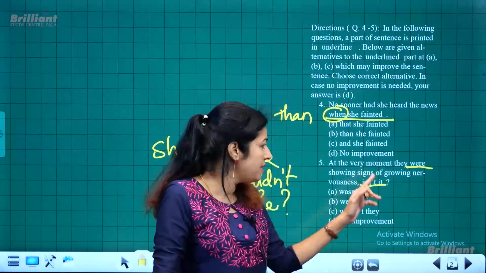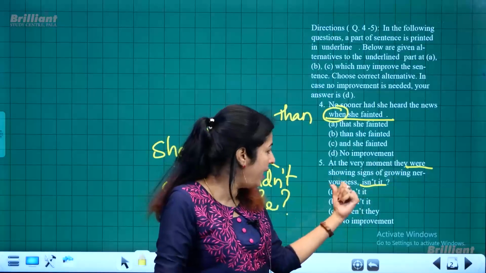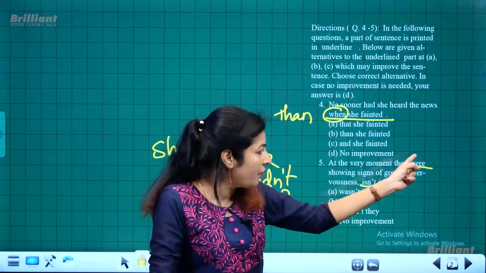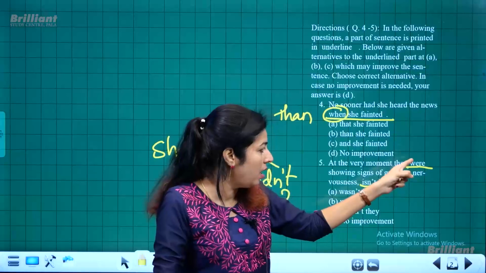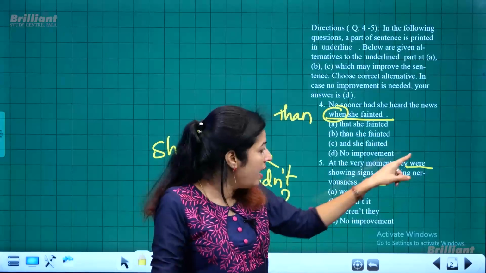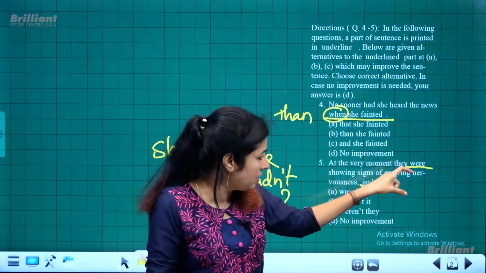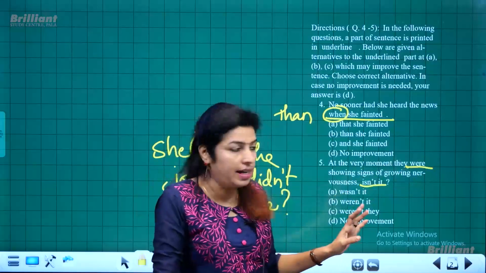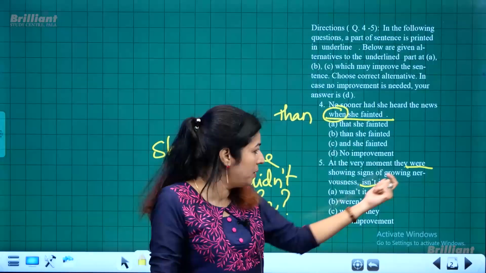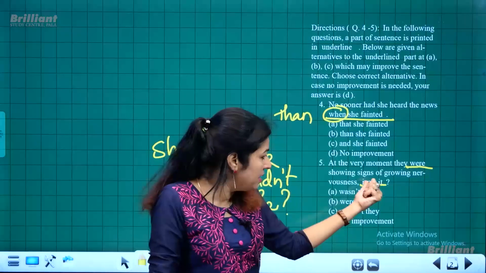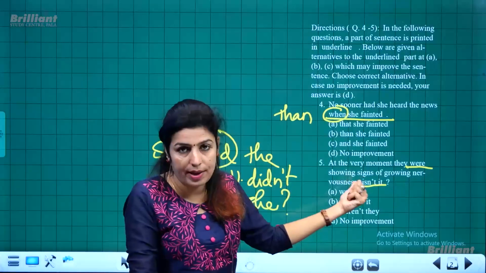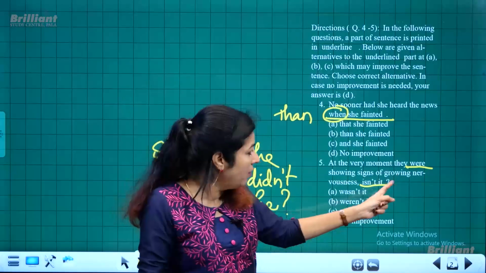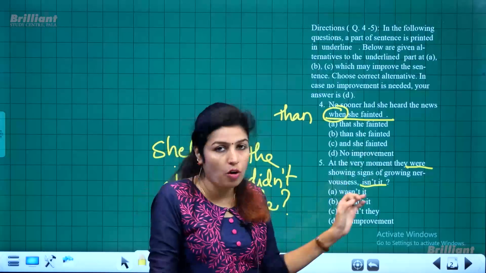With this you have to make a tag, and since the statement is positive, you have to make a negative question tag. So this question tag is wrong. You should have chosen this word to form the question tag.